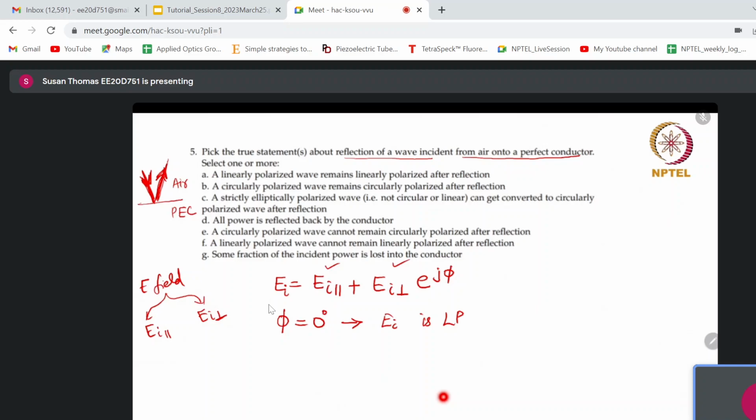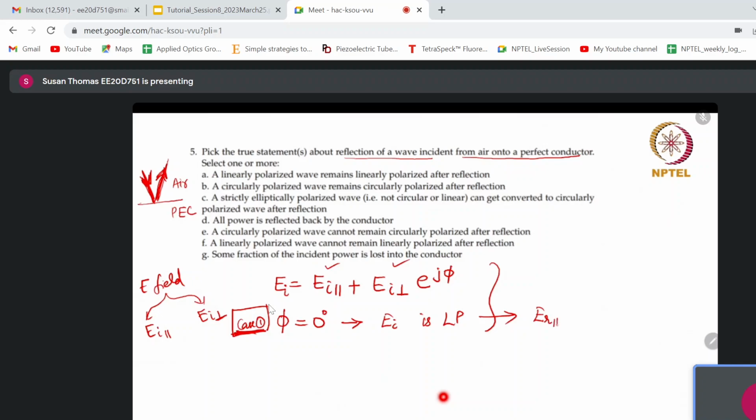Now, what will happen in this particular case of linear polarization? Let me say that this is case 1. That is, when phi equals 0, when the incident electric field is linearly polarized, what happens to ER?